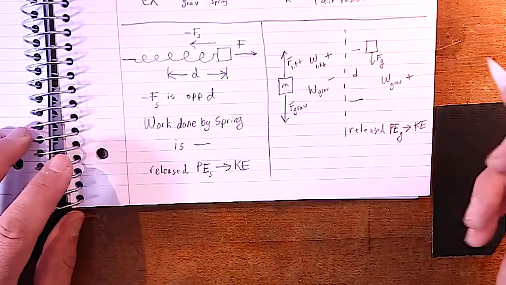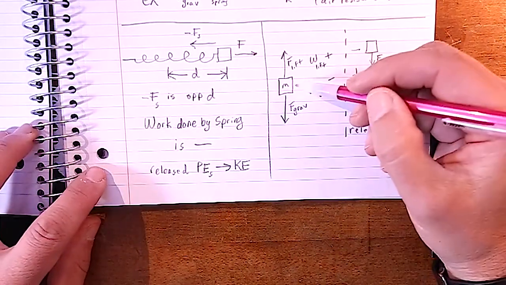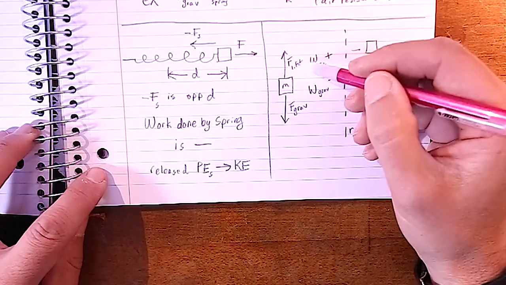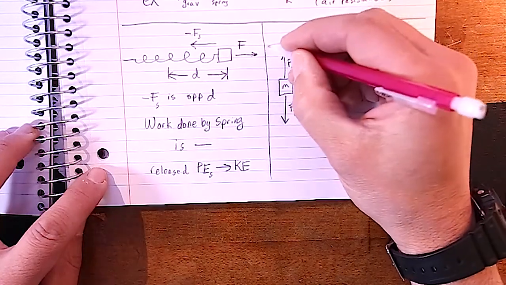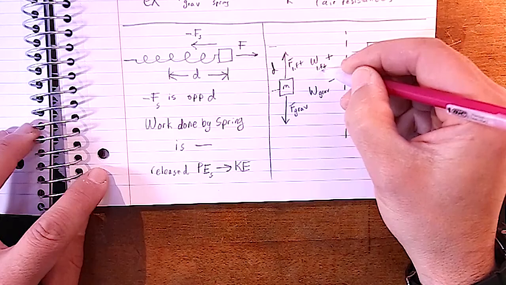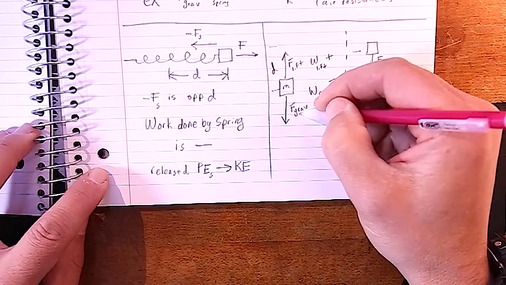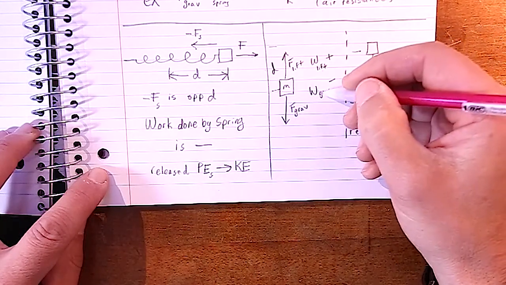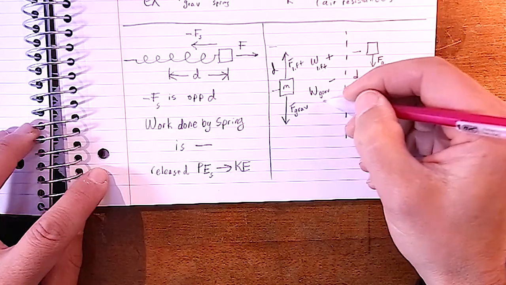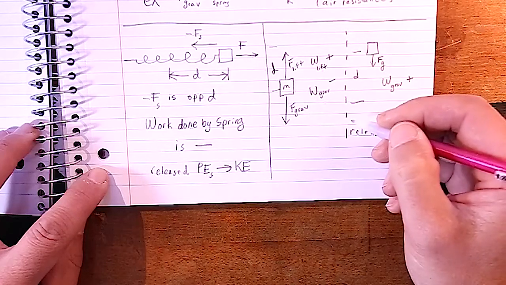We can look at another example of lifting a weight. For example, if we have a mass that we lift at a constant velocity, the lift force is in the direction of the displacement. Therefore, that work is positive. But the force of gravity is opposite the displacement, so therefore that work being done is negative. Gravity does negative work.